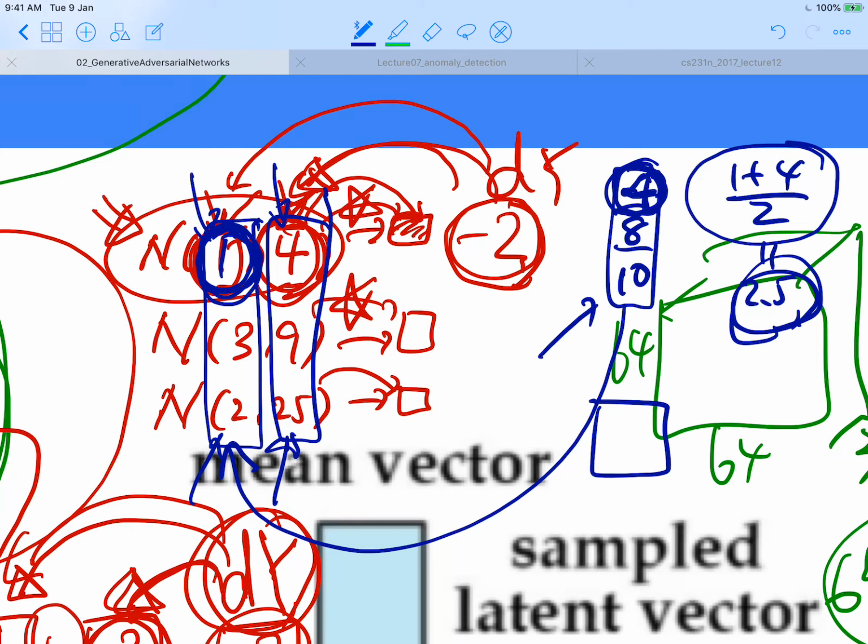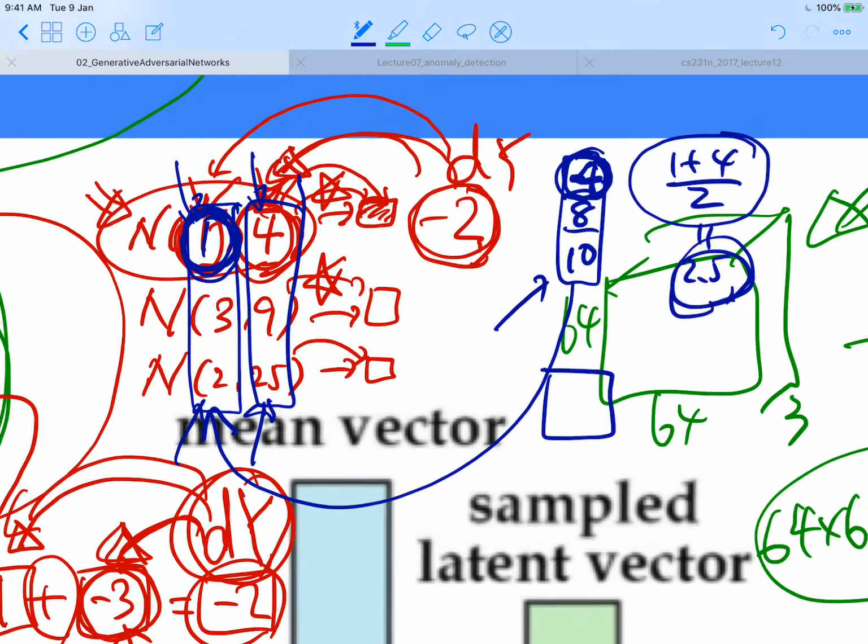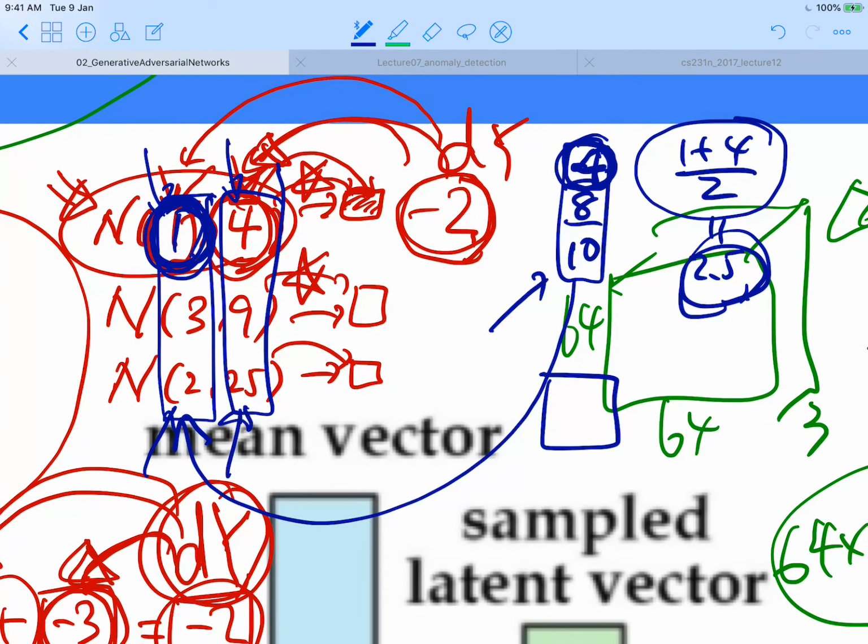Without loss of generality, there is no problem shifting these two values to, maybe, -1.5 and 1.5, just centering those two values, right?